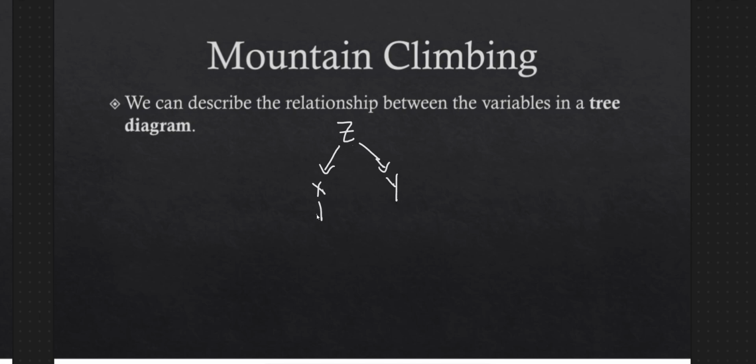And x and y each depend on t. Now, we actually do want this to be a tree in graph theoretic terms, which means no loops. So don't use a single variable t down here. We want one for each x and y. It's just to help us out more.